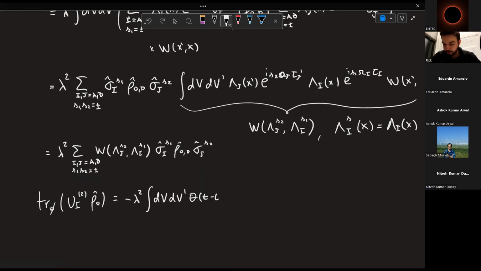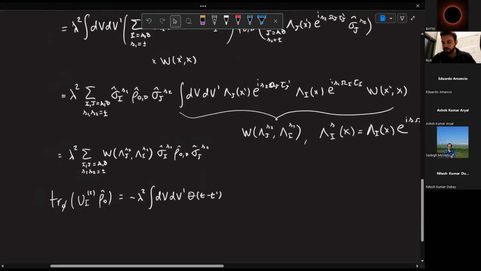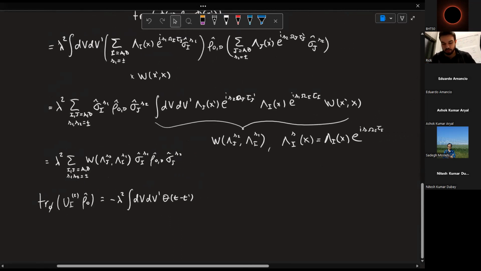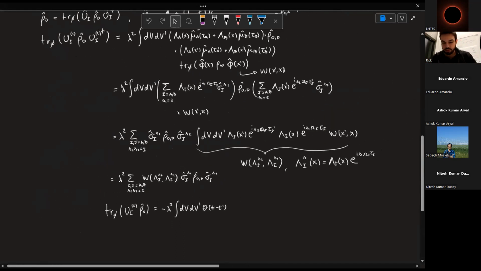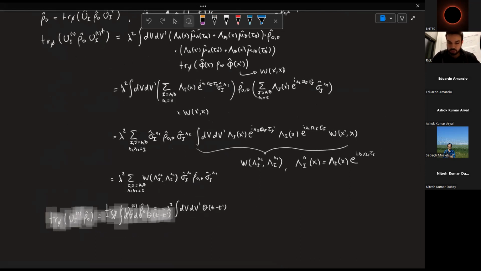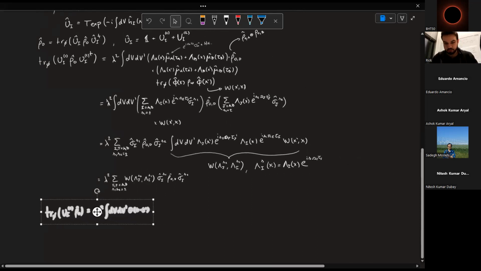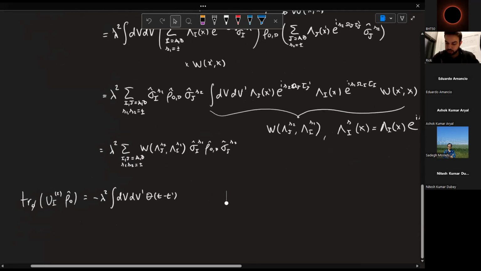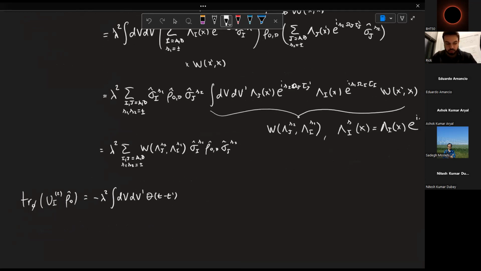So here we're going to have a time ordering parameter. I'm calling it t. You can call it something else if you want. Then you're going to have the product of two interaction Hamiltonians.